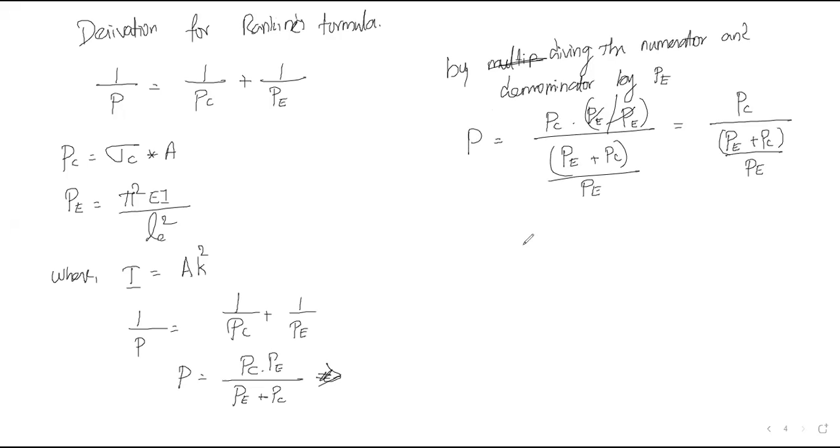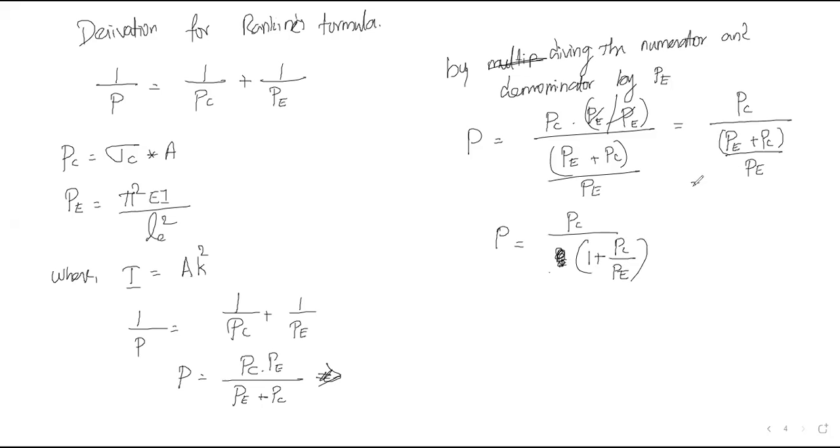Here PE we are going to take as common. So PE by PE, if we take it outside, it is going to be 1 plus PC by PE.